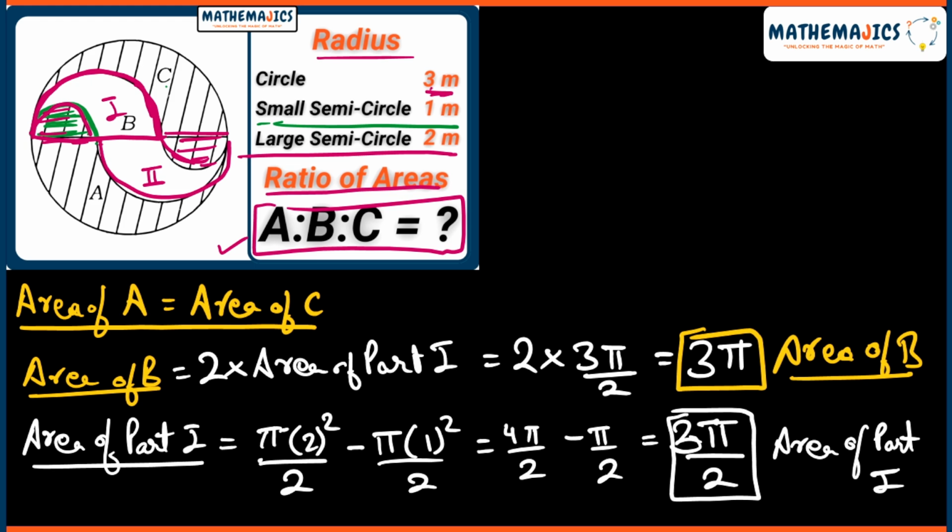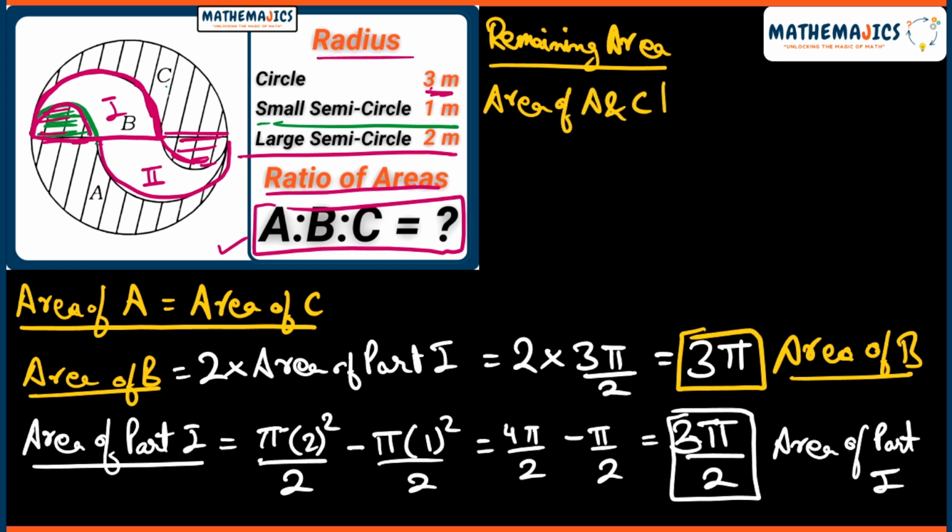Now, let's find out the remaining area. Let me write this down. Remaining area. What is remaining area, by the way? If I remove area of B, remaining area is nothing but area of A and C together. How can we find this?